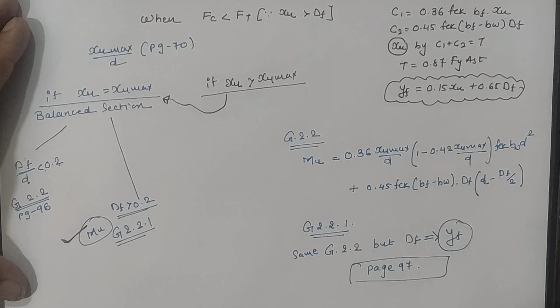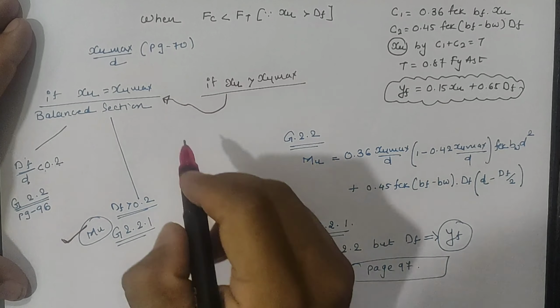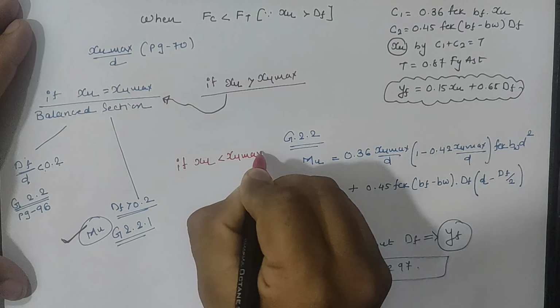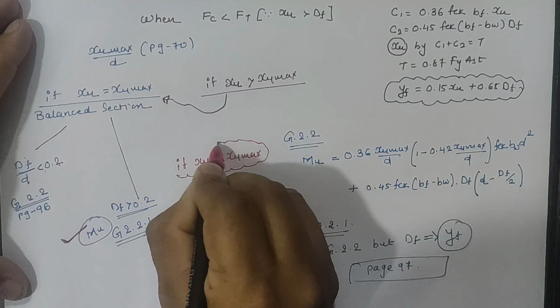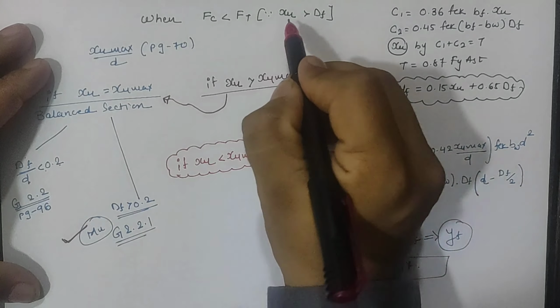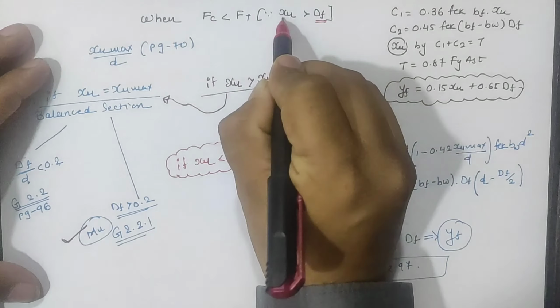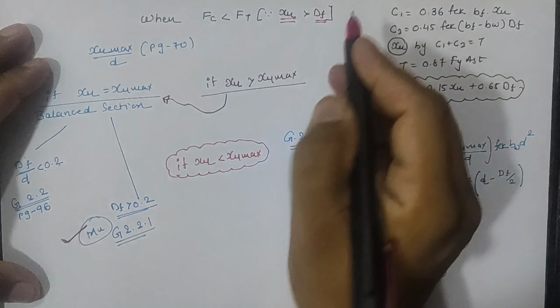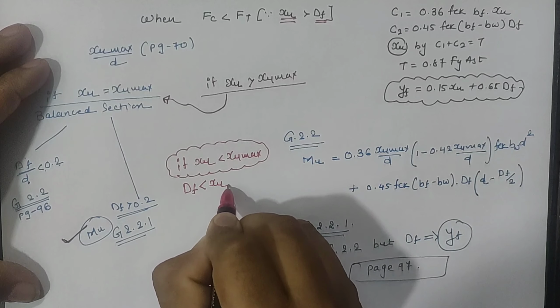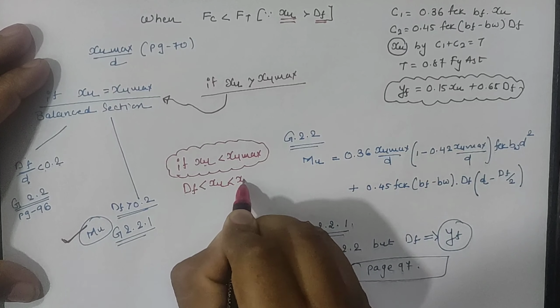Now let us go for the third condition. For this case, we know that the DF value is less than the value of XU. It means that DF is less than XU and XU is less than XU max.